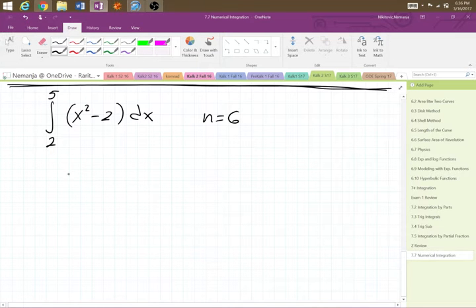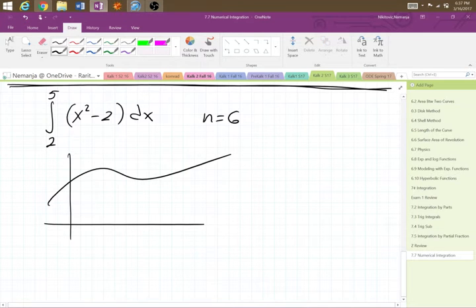I know we can all graph this function, but it really doesn't matter how it looks like. You can put whatever. It goes from 2 to 3 to 4 to 5 and then in between. So these are the rectangles that are necessary.